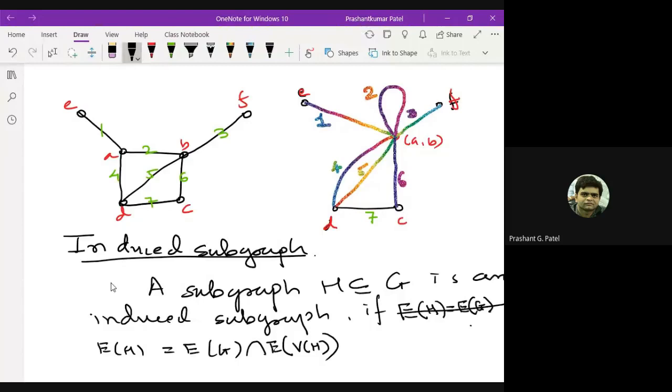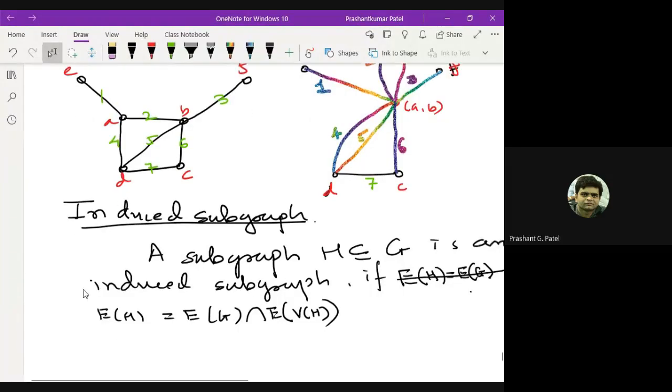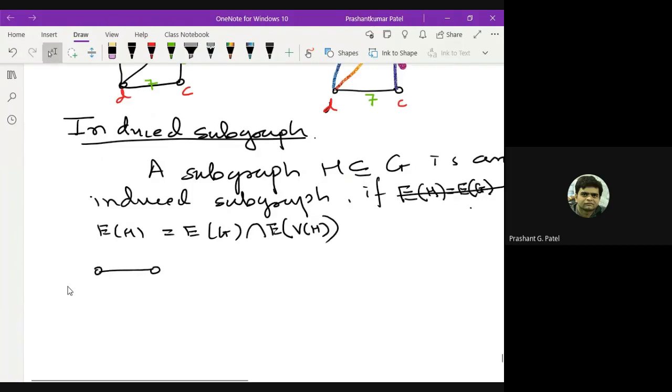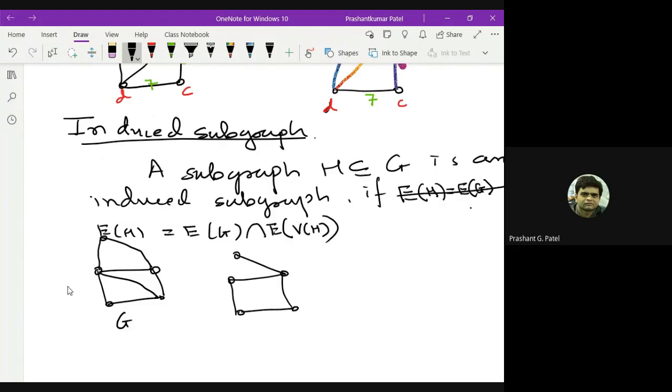For example, let us see this example. So this is my graph G. We can plot a spanning subgraph of this, which I can say is a spanning subgraph of G. This is a spanning subgraph. And what is the inclusive subgraph?